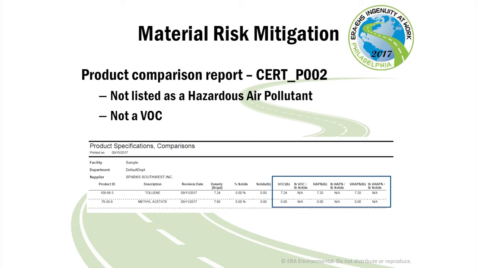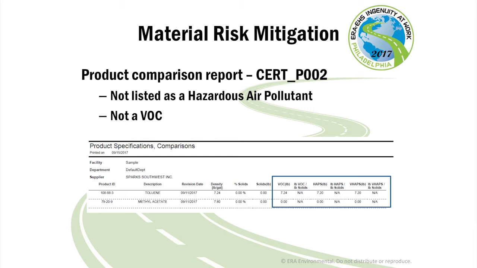Using the product composition comparison report, which we have in our ERA system, we can actually compare two chemicals like we see on the screen above me. We're looking at two products. We can look at their VOC, their HAPs, and their VHAPs.